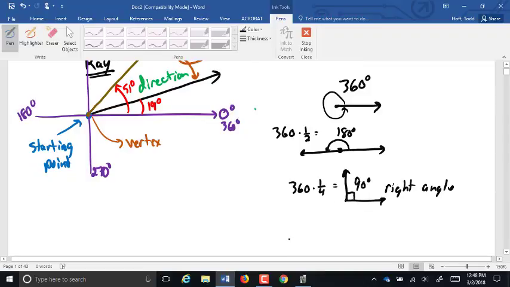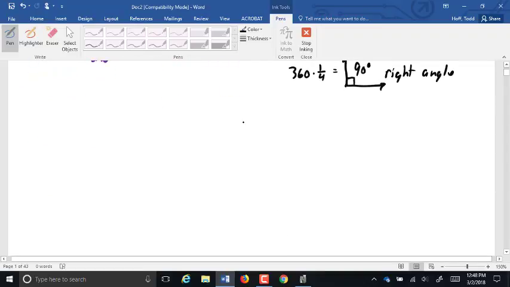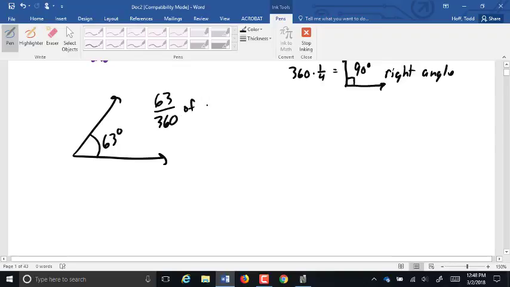So our angles now, we've adjusted the definition to just be that fraction of a full turn. If I have an angle like this and I tell you that that angle is 63 degrees, what that is saying is that is 63 360ths of a full turn. Full turn, full circle, however you want to look at it.